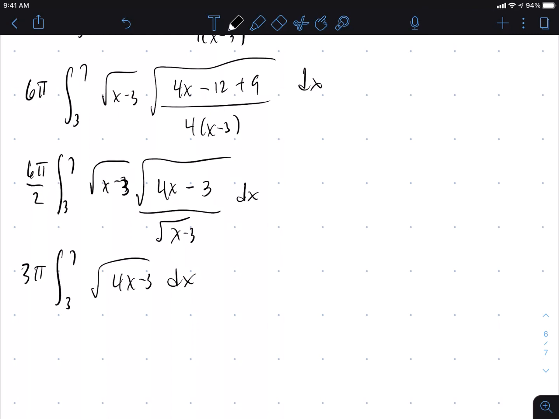Right? And then how do we integrate this? Correct. How do we integrate this?